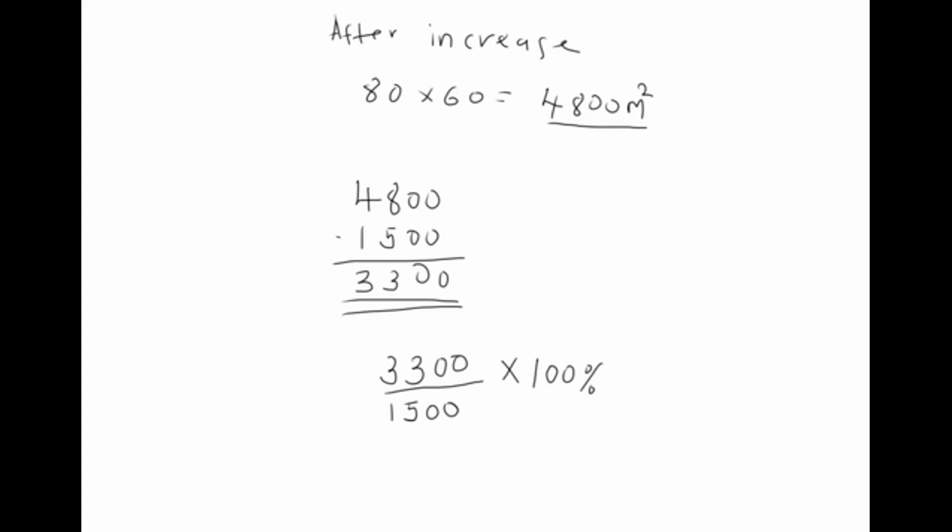Then from there we can now simplify. This 0 will cancel with this 0. Then we can now simplify further. We can divide 15 by 3, we get 5. 33 divided by 3 we get 11. 5 divided by 5, 1. 100 we divide by 5, we get 20.